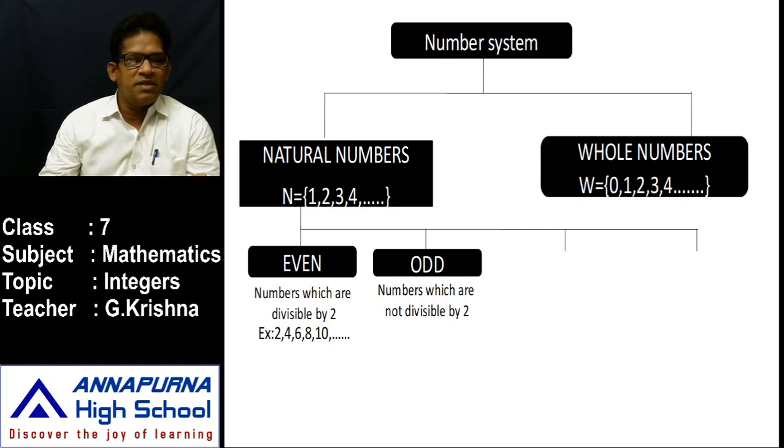That is, not divisible by 2. Such numbers are called odd numbers. In other words, the numbers which are not divisible by 2 are called odd natural numbers. For example, 1, 3, 5, 7, 9, and so on.